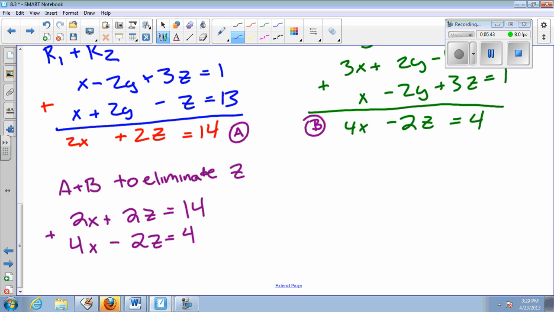So we add these two rows together. 2x plus 4x is 6x. The z's cancel, and we get 14 plus 4 is 18. Since that's equals 18, x equals 3.